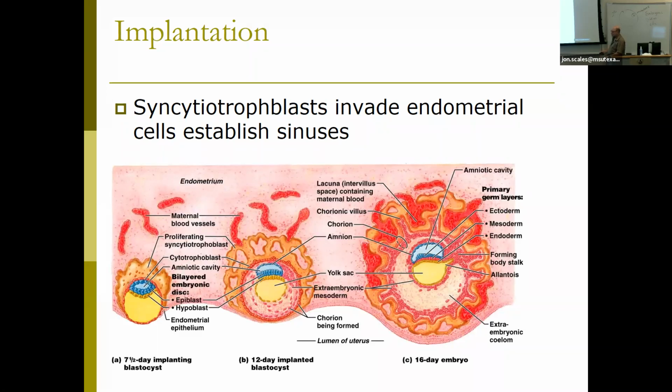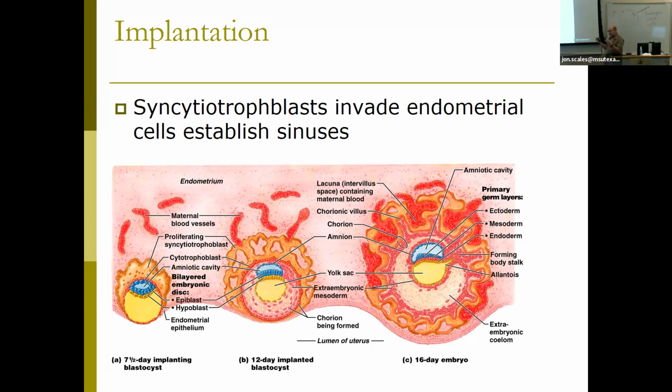Now, there are lots of changes happening here with these cells, but the embryo itself is also beginning to develop. That inner cell mass starts to form a two-layer disc of cells. One layer of those cells is on the endometrial side, facing the syncytiotrophoblasts, and the other layer is going to be facing the blastocele, the hollow space in the blastula.